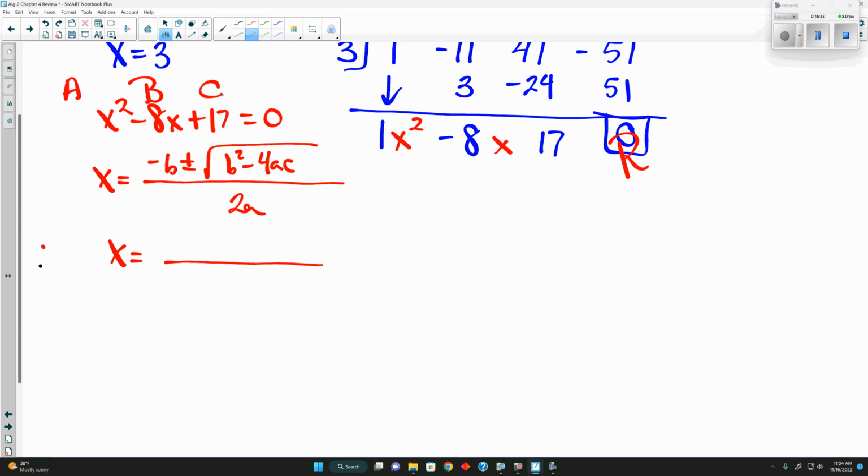The negative and negative make a positive, so we can just say 8 plus or minus the square root. So we'd have negative 8 squared minus 4 times A, which in our case is 1, and C is 17, over 2 times A. Well, the value of A is 1, and 2 times 1 is 2.